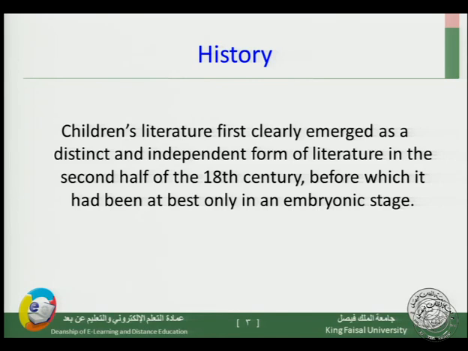Like anecdotes, like stories, like folk tales, ballads. Go back to the other course, you will see. From when to when, the second half of the 18th century? From the year 1750 until the year 1799. This is the second half of the 18th century.